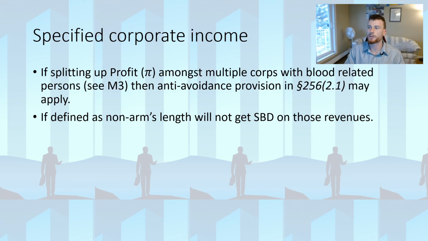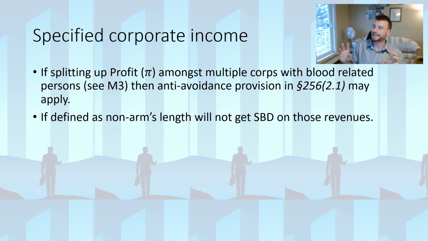The same scenario occurs if you try and do a corporate structure. If you split out a company and split out the operations, you split out the profit. This pi signal, you're going to see this often for profit.